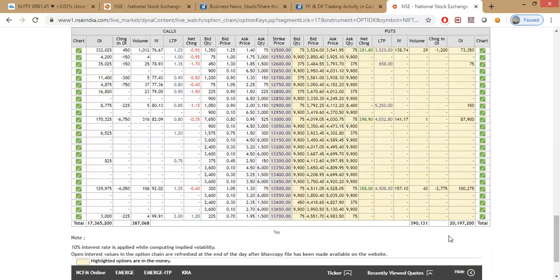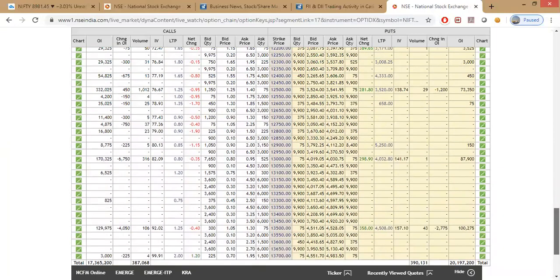So as you can see right now, for April expiry the total number of puts is higher than the total number of call options. So this indicates that the put call ratio is greater than one, and we will see the market will fairly be above last month's expiry.